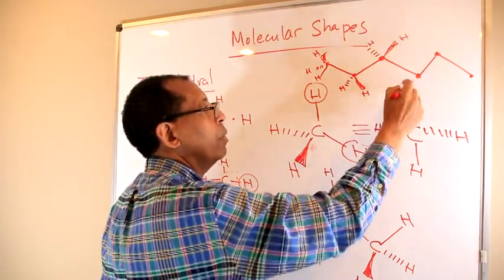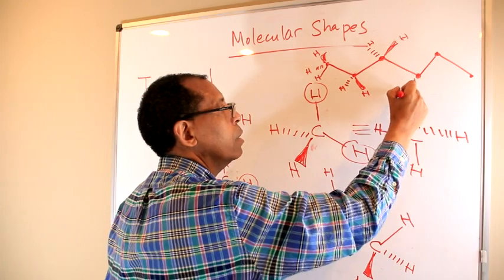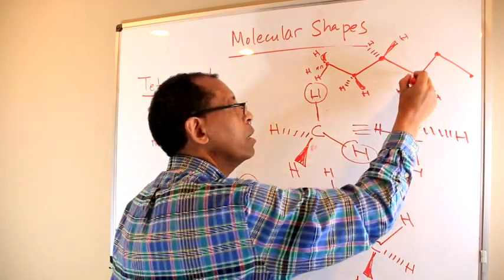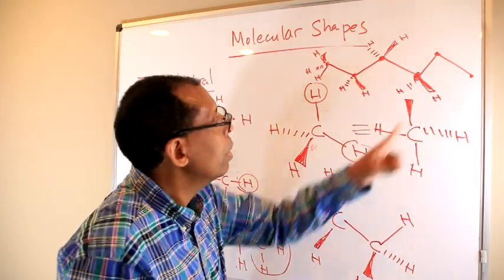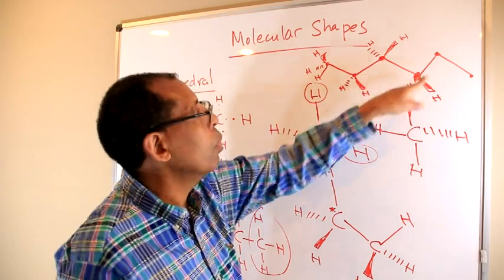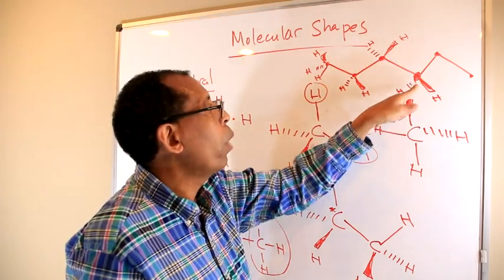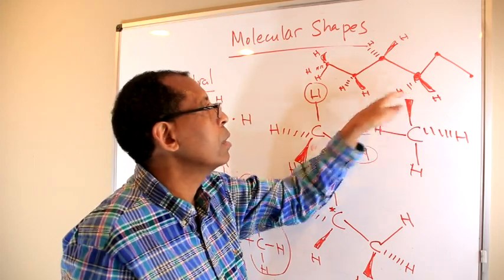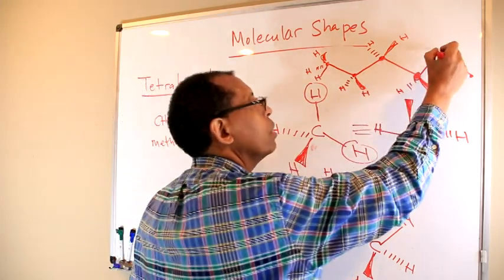Here, for example, you have hydrogen in and hydrogen out. This is still tetrahedral. Look at the shape. You have this substituent and that substituent on the plane of the board, while the 2 hydrogens are in and out. I will also continue this.